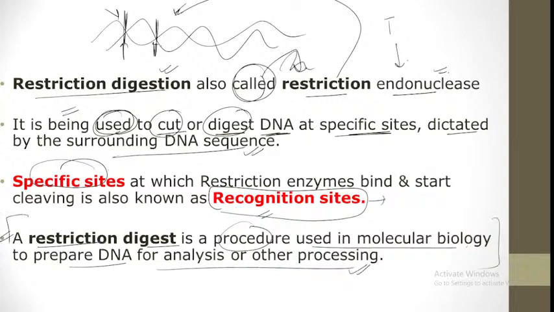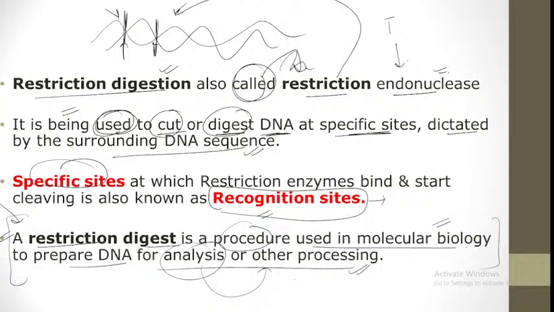Whatever we have discussed till now is summarized in this one line. So remember, restriction digestion is a procedure used in molecular biology for what purpose? For preparing the DNA for its analysis and other processes.